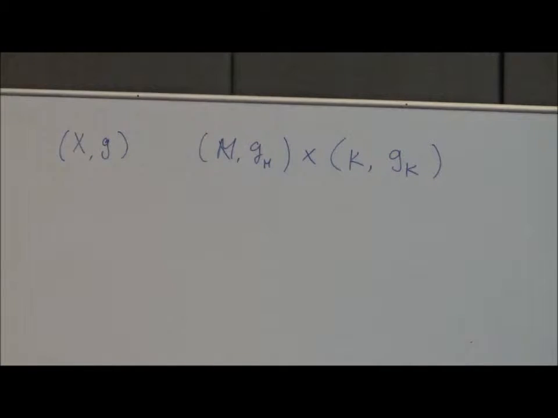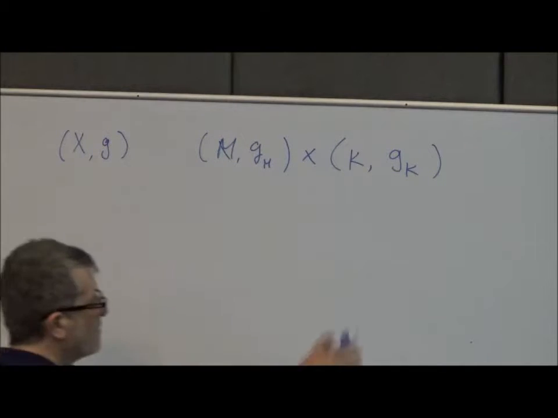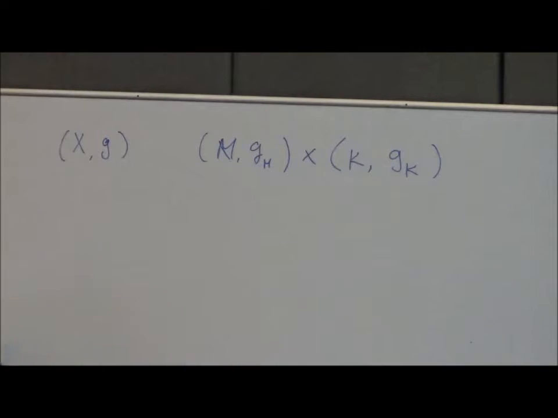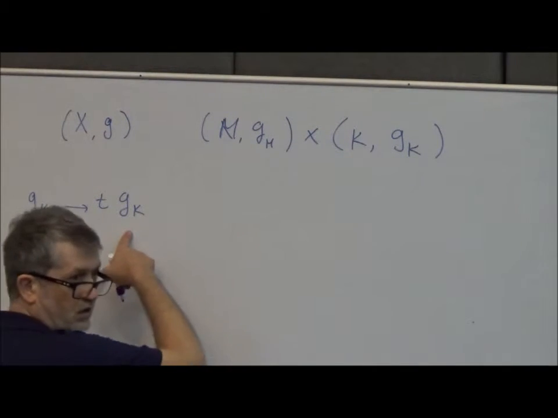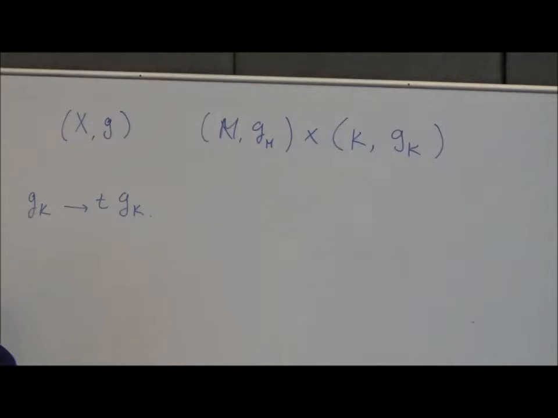So what I'm going to try to do is not to consider the metric that I first thought of, but I'm going to scale the internal metric, so I'm going to say GK goes to T GK, something that we've done before, and we'll do it again. If we do that, we know how the Laplacian on GK behaves.